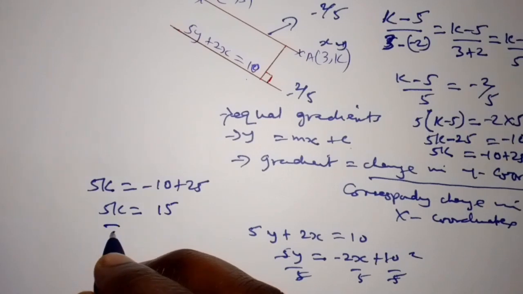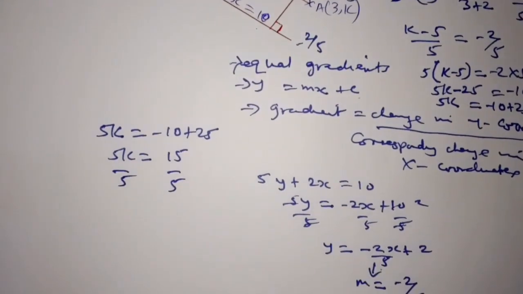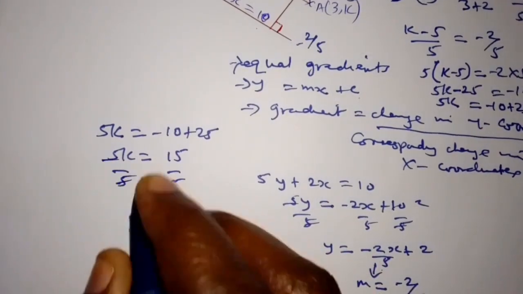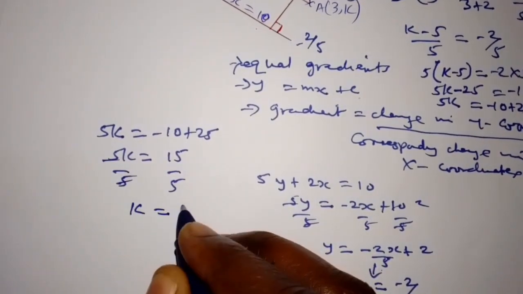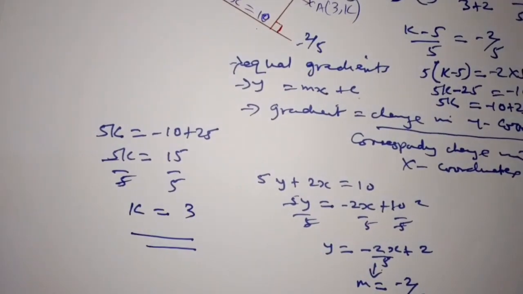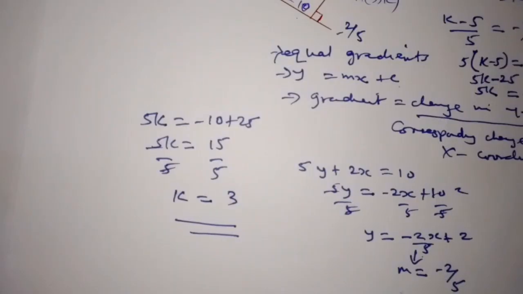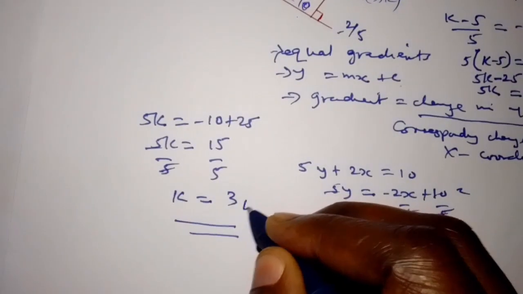We can divide by 5. k is equal to 3. So the value of k is 3.